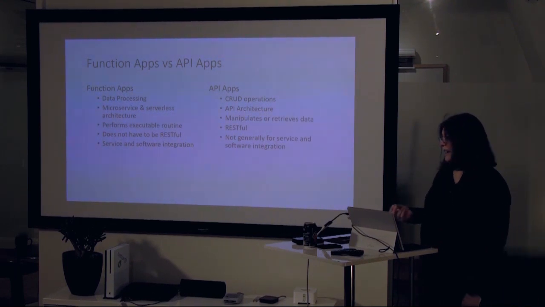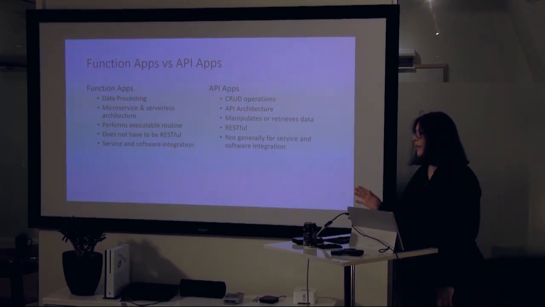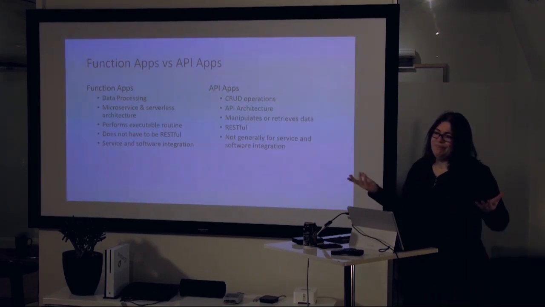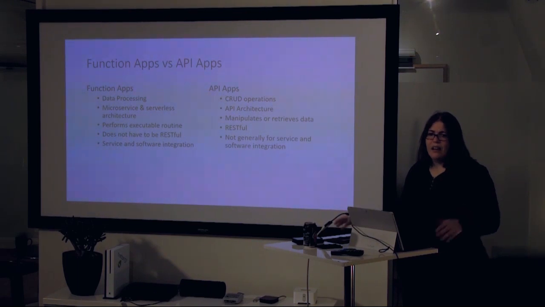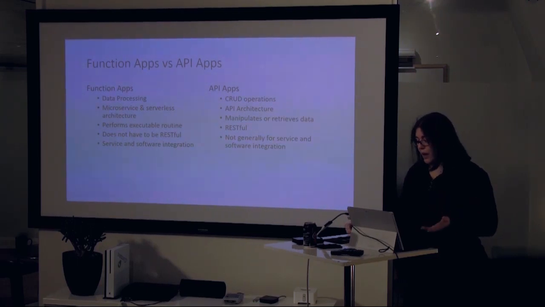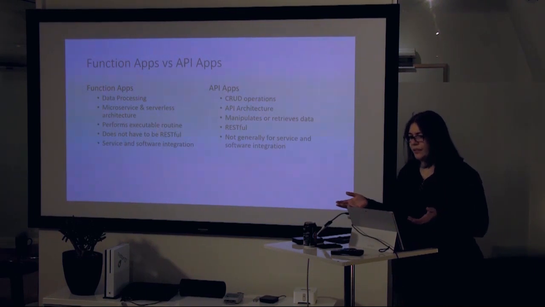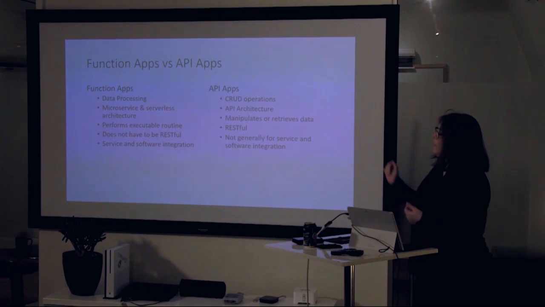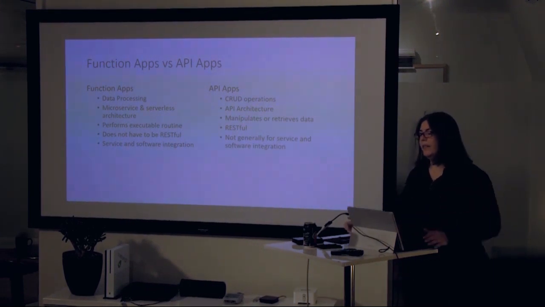Now you can build just a flat-out API with Azure Functions, but I wouldn't. We have ASP.NET Web API, which kind of does that already, and it does it well. That's what it's for. So if I wanted to do something like forms over data, CRUD operations, we'd probably go with an API app with maybe an MVC front end or something like that, or maybe even a mobile front end is fine.